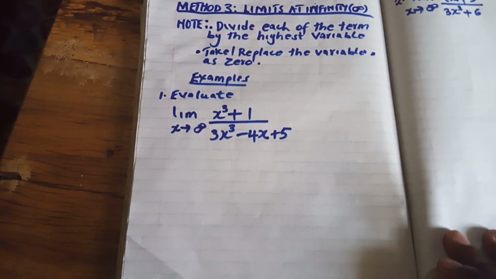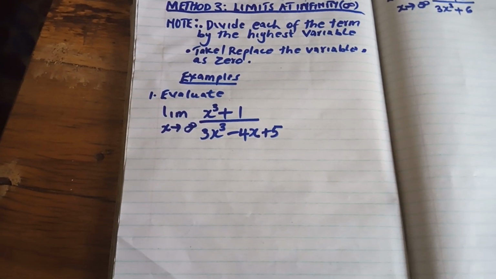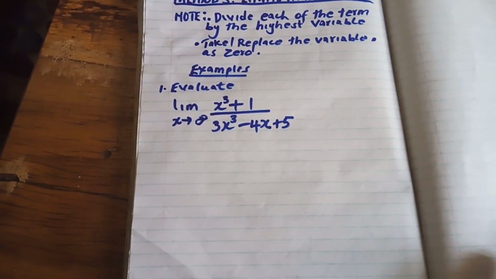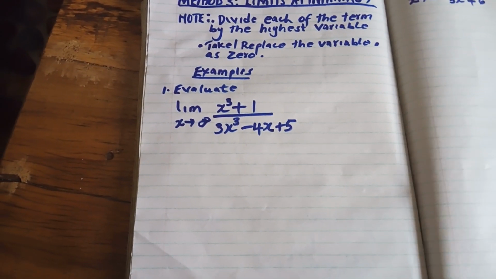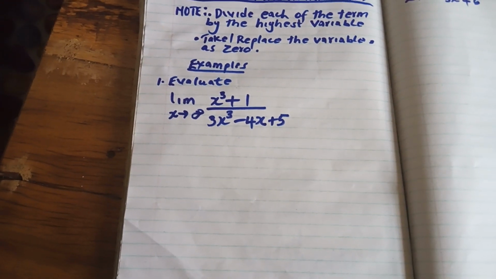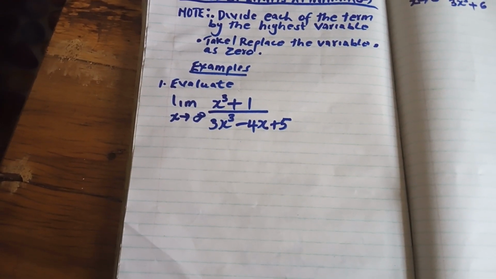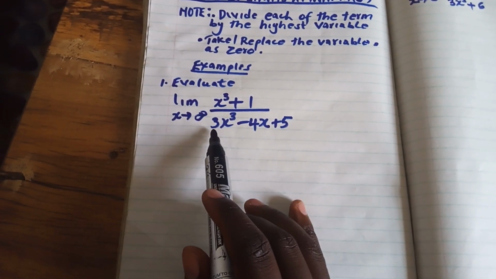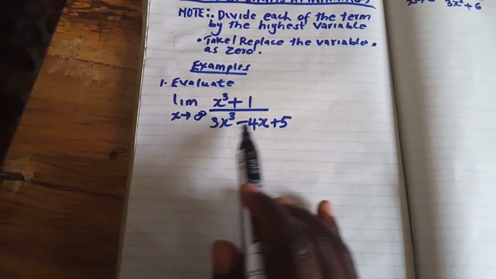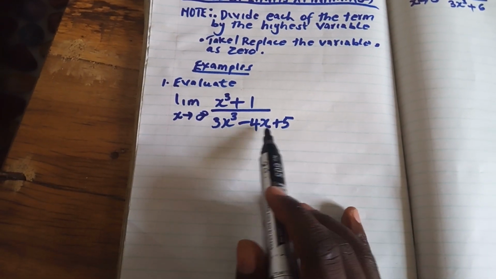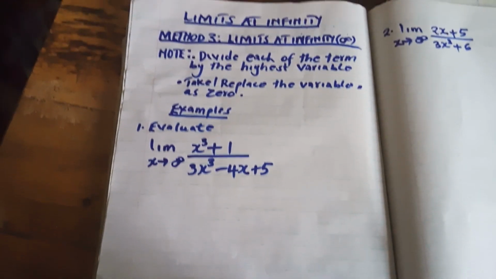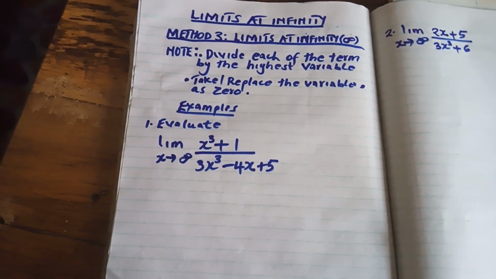Let us now look at example number 1. We have been asked to evaluate the limit as x approaches infinity of (x cubed plus 1) over (3x cubed minus 4x squared plus 5). We have said we divide by the highest variable.